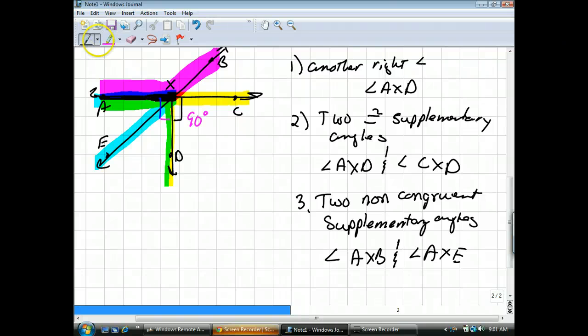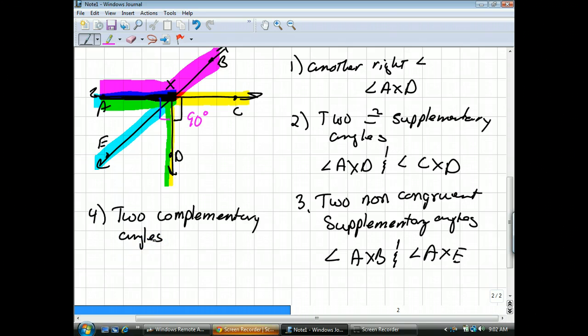And for number 4, what are two complementary angles in the picture?